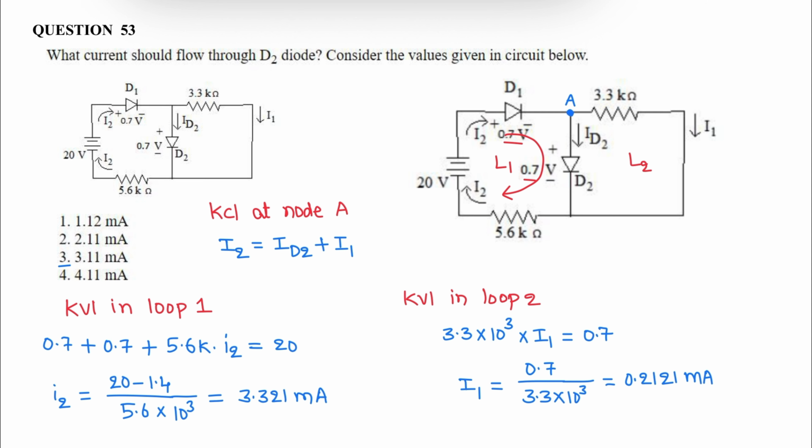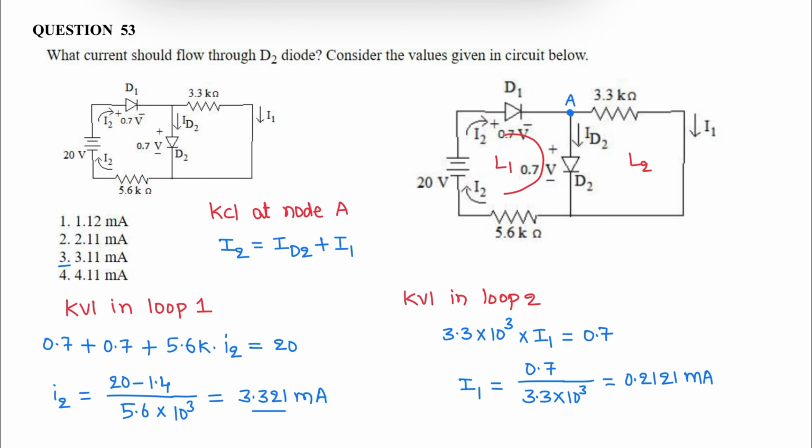Now on solving, the current I2 is equal to 20 minus 1.4 volts divided by 5.6 kilo ohms. Current I2 on calculation we will get 3.321 milliamperes.